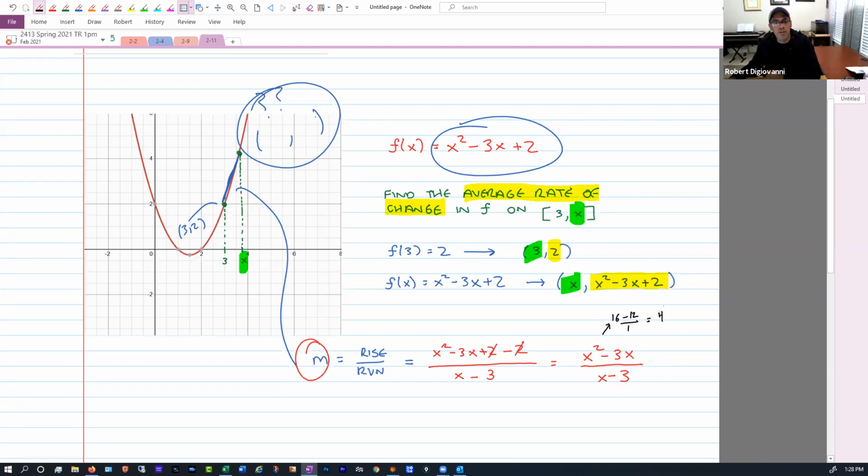It works, doesn't it? And it would work for 3.1, and it would work for 3.0001. All of those it would work for. So it wasn't a coincidence before. It's a coincidence that we still had 3.1 as our y and as our slope. It doesn't always have to be that way. It depends on the function completely, yes.